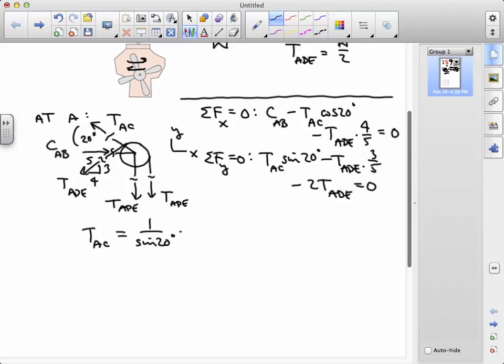So we have a 2, which is 10 over 5, plus a 3 over 5 is 13 over 5, times TADE, but that's also equal to 1/2 W. And that number turns out to be 3.8 W.